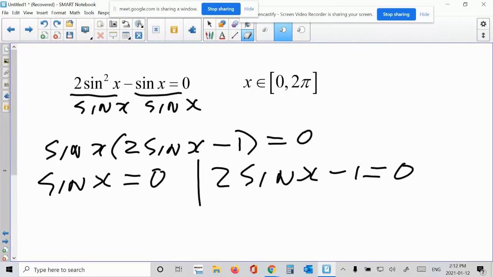Let me remind you about something, right? Sine is my y value. Think about that circle that we started off looking at our trig functions with. That vector was 1 unit long. It started off at 1, 0, then it went to 0, 1, then it went to minus 1, 0, then it went down to 0, minus 1 at the bottom, then it went back up to 1, 0.